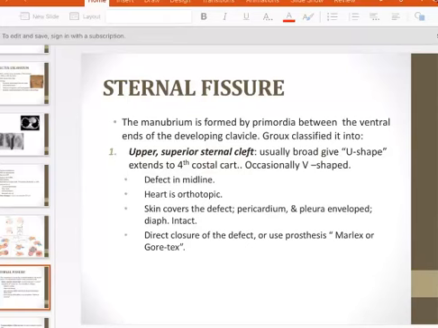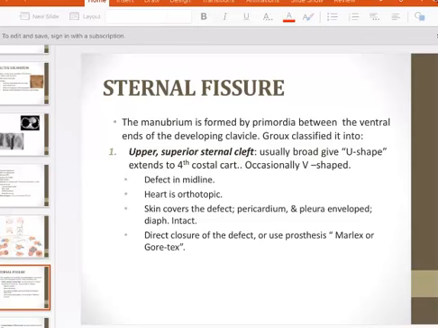The manubrium is formed by the primordia between the ventral ends of the developing clavicles. So the classification of sternal fissure starts with the upper, superior sternal cleft. This is usually broad, U-shaped or V-shaped, and it extends to the fourth costal cartilage.